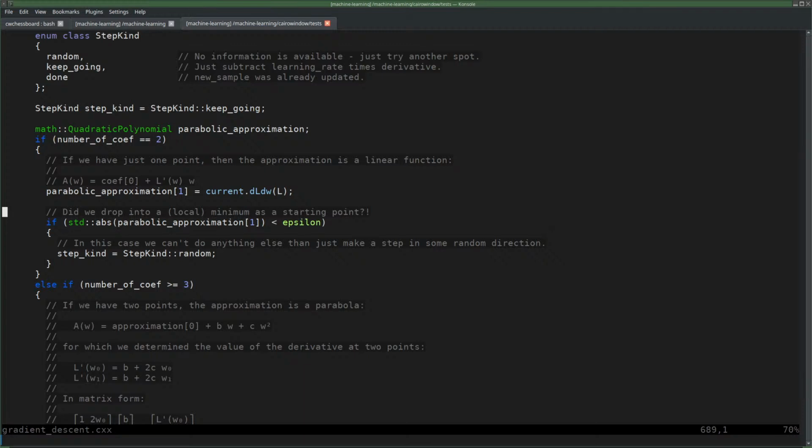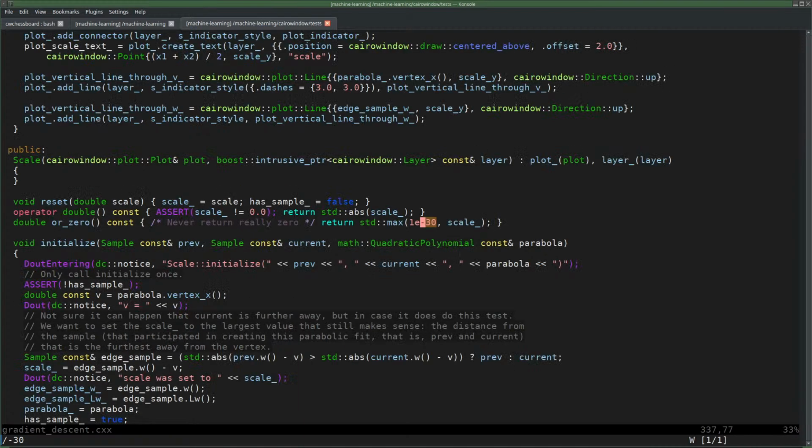So on the safe side, I thought, let's use 1 to the power minus 30. Very small, but if it's larger, then I can divide by it. I think I have that more often.